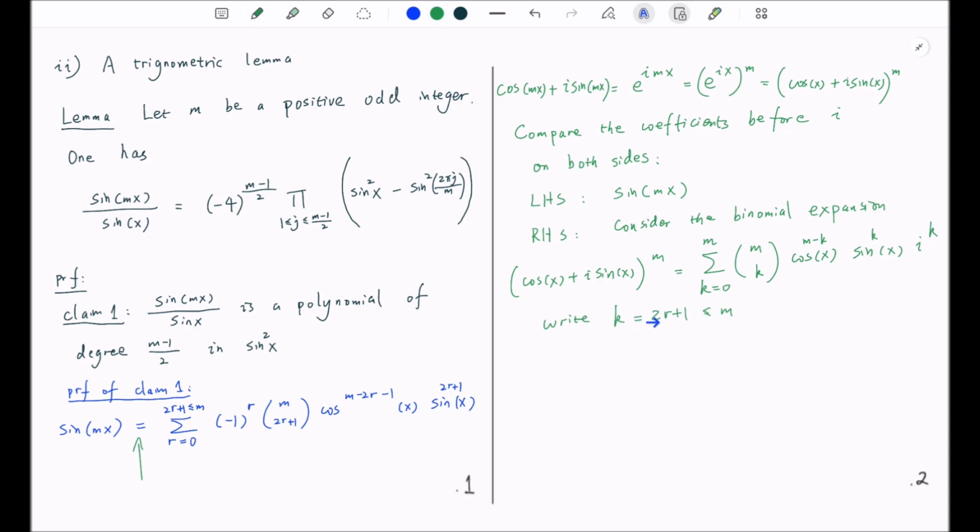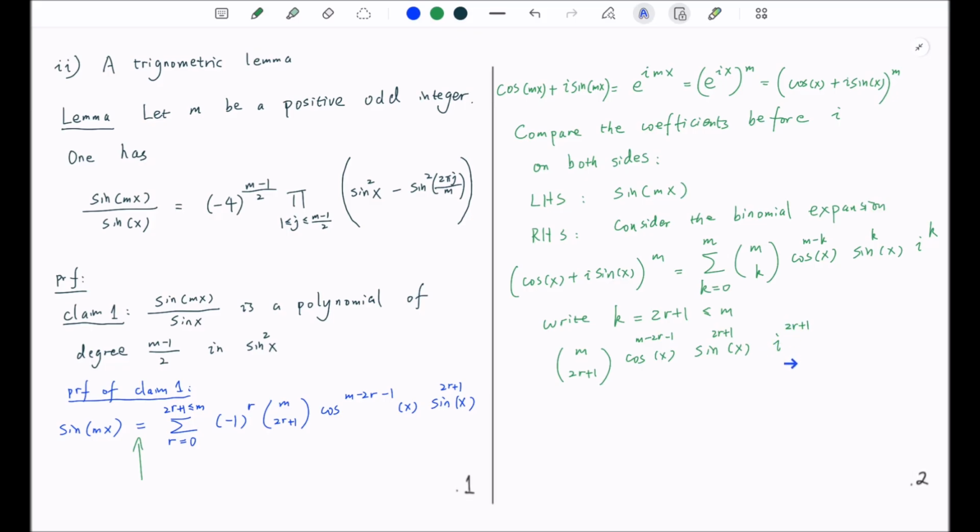If you write k equal to 2r plus 1, then a generic term on the right-hand side that is imaginary will look like m choose 2r plus 1 times cosine of x raised to the power m minus 2r minus 1 times sine of x raised to the power 2r plus 1, and this is i raised to the power 2r plus 1.